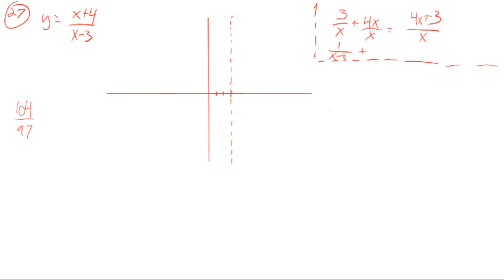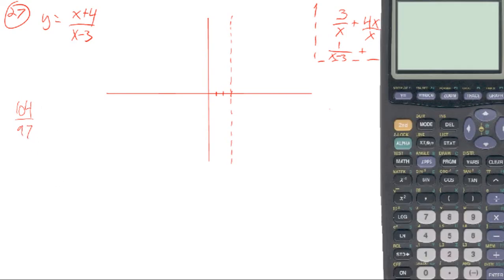Let's just throw that in a calculator. 104 divided by 97. It's a little bit bigger than 1. Okay, let's put 1,000 in there. If we put 1,000, we get 1,004 over 997. Let's try that one. 1,004 divided by 997. Okay, very similar looking number, only it's closer to 1.